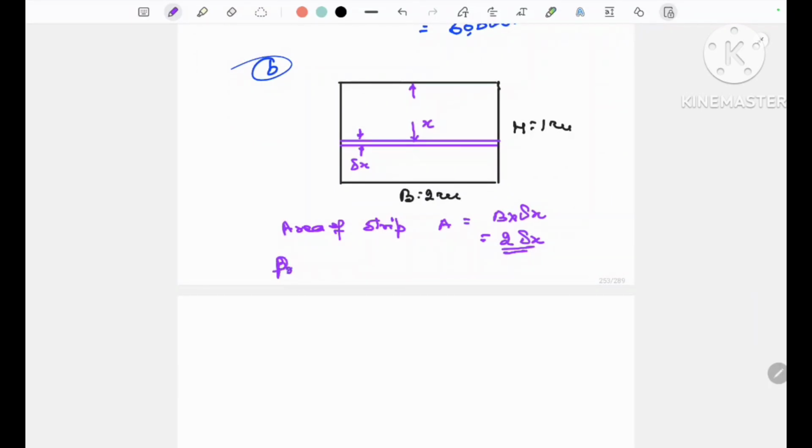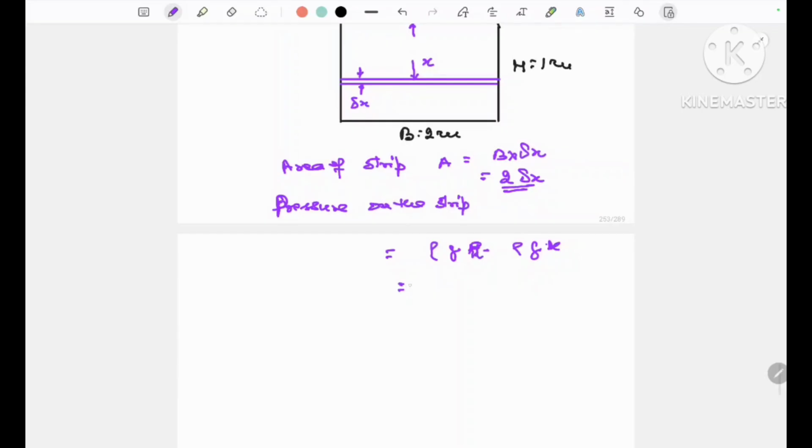Pressure on the strip will be rho g h, and h is equal to x. 1000 into 10 into x, 10,000 x Newton per meter square.